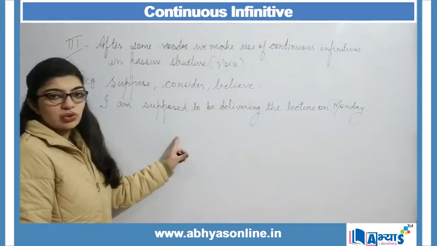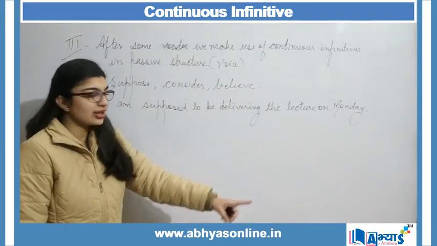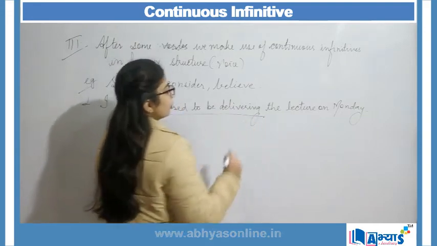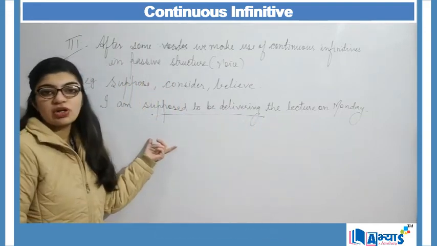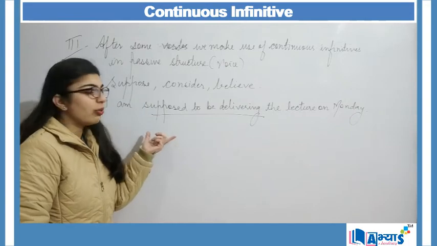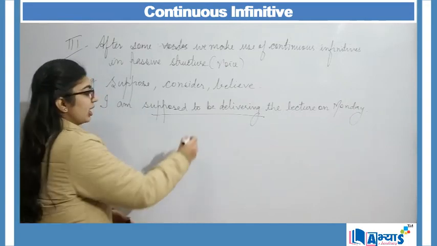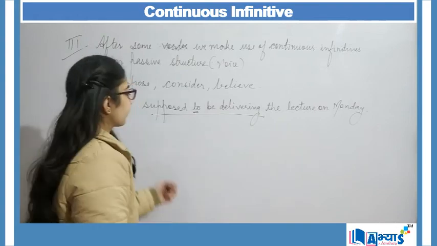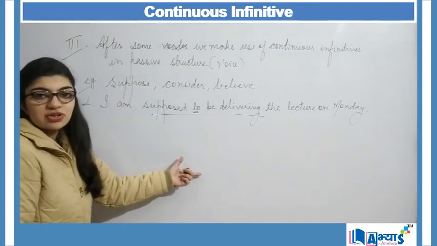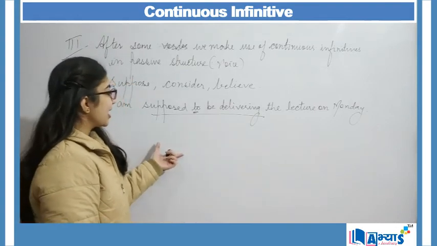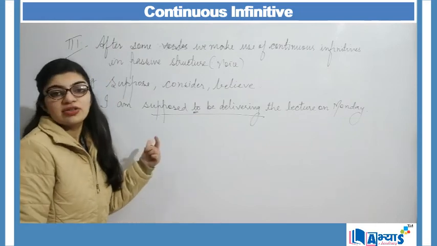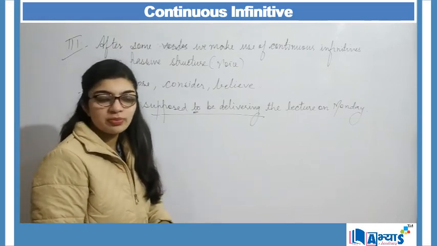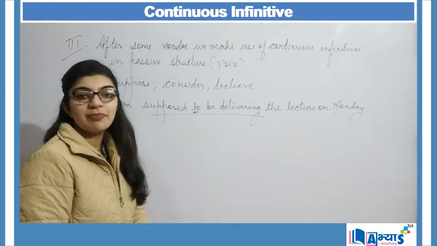I am supposed to be delivering the lecture. Now here you can see that we are making use of continuous infinitives. What does a continuous infinitive say? That we make use of infinitive to along with my present participle. So here I am making use of continuous infinitive, but I see that here my structure is in the passive form. So here I am making use of a passive structure.